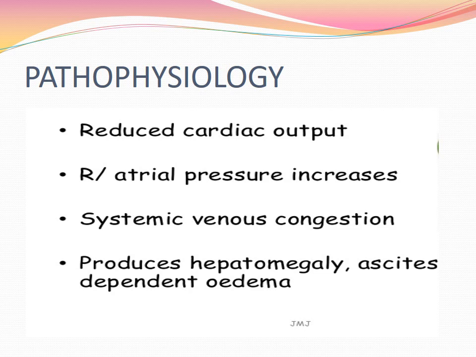To be very precise, there's going to be fluid overload in the right atrium, increasing right atrial pressure, and a complete venous congestion and venous hypertension. This produces edema on the right side of the heart, and this shows up as signs and symptoms where the patient exhibits edematous, swollen ankles, hepatomegaly, and ascites, which is fluid buildup in the abdomen.